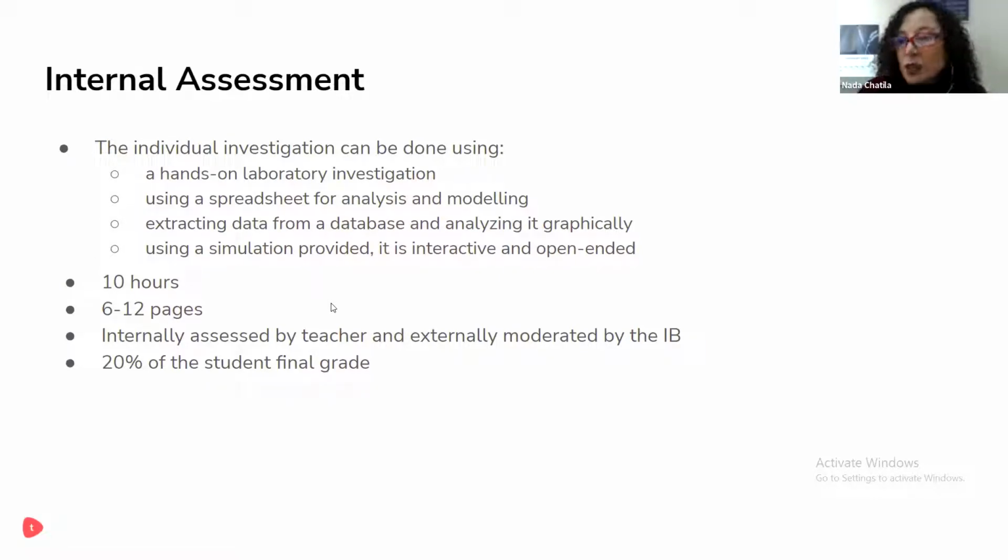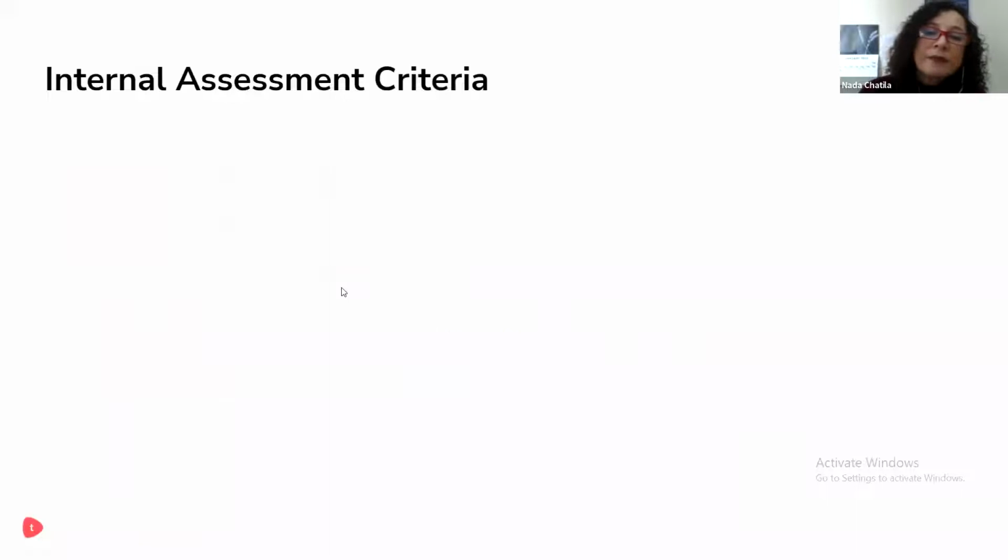The IA is internally assessed by teachers and externally moderated by the IB. However, for the last 2 years and this year as well, the IB has required schools to upload all IAs, and they will be treated as if they are external assessments. The IA contributes 20% of the student's final grade.